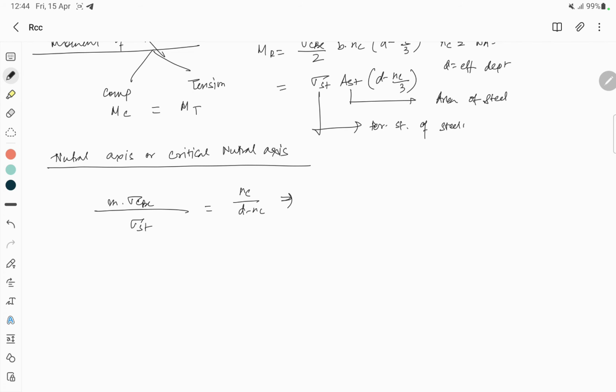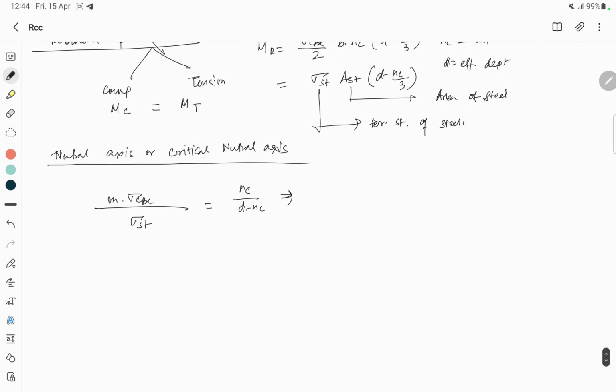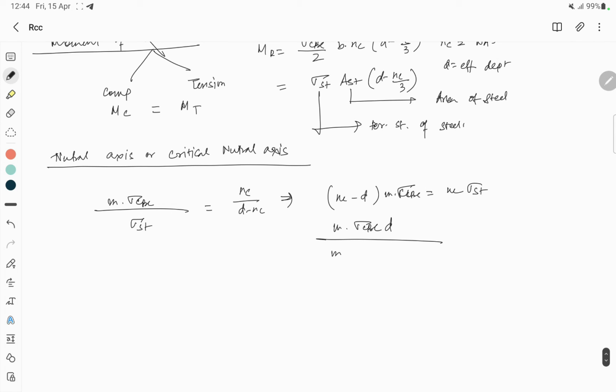So from here you can write nc times (m sigma cbc plus sigma st) equal to m sigma cbc times d, that is nc equal to m sigma cbc d divided by (m sigma cbc plus sigma st).